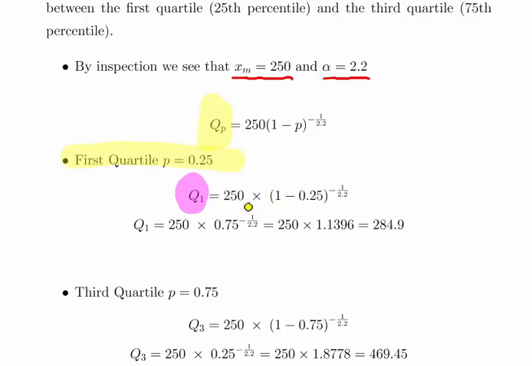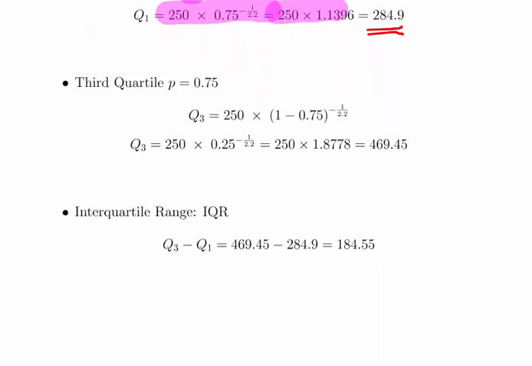So that is 250 times 1 minus 0.25 to the power of minus 1 over 2.2. A little bit of calculator work there. We should get 250 times 1.1396. So the first quartile is 284.9. And again, allow yourself a little bit of room for rounding error, but if you get an answer close to that, excellent.